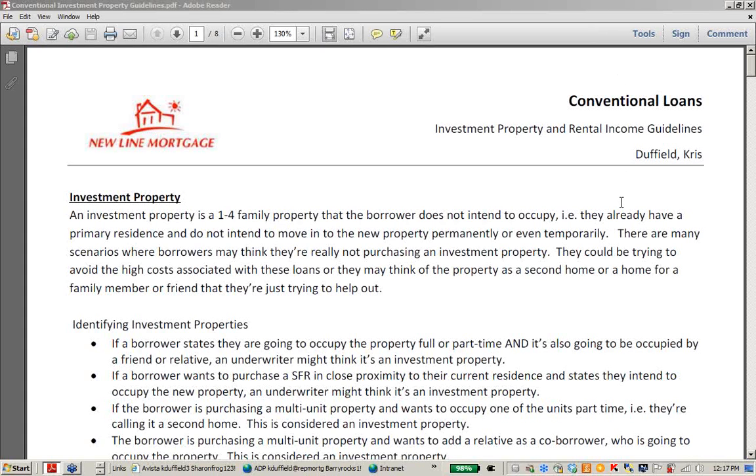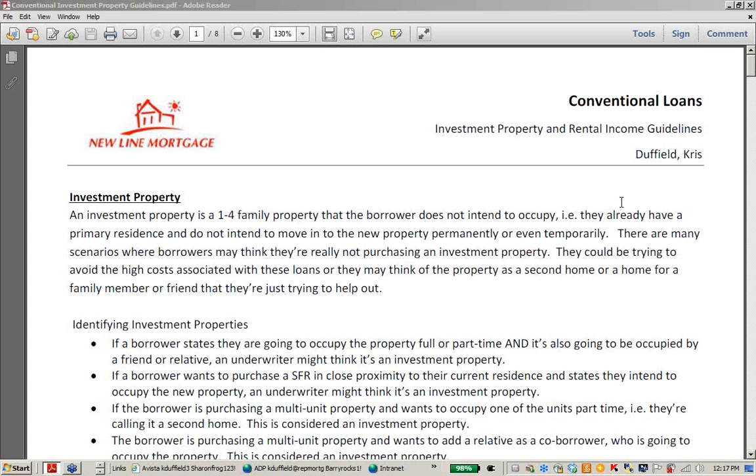An investment property is a 1 to 4 family property that the borrower does not intend to occupy. In other words, they already have a primary residence and do not intend to move into the new property permanently or even temporarily. There are many scenarios where borrowers may think they're not really purchasing an investment property.